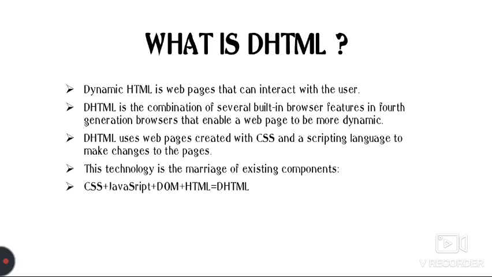DHTML uses web pages created with HTML content, CSS style sheets and scripting languages to make changes in web pages easily. This technology is the marriage of existing components. It consists of the combination of CSS, JavaScript, DOM and HTML. This combining of these elements is called DHTML.